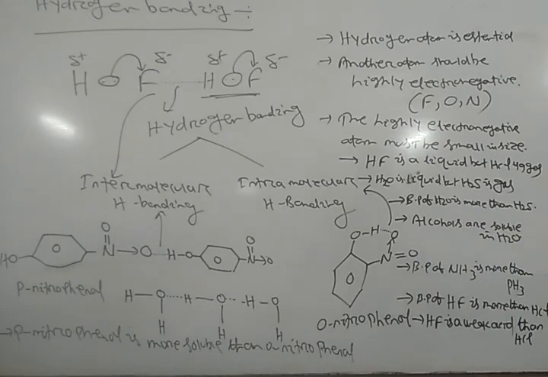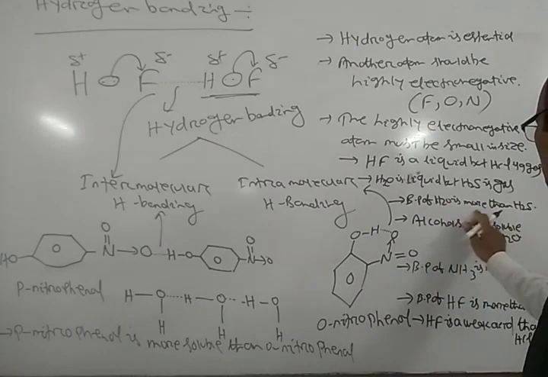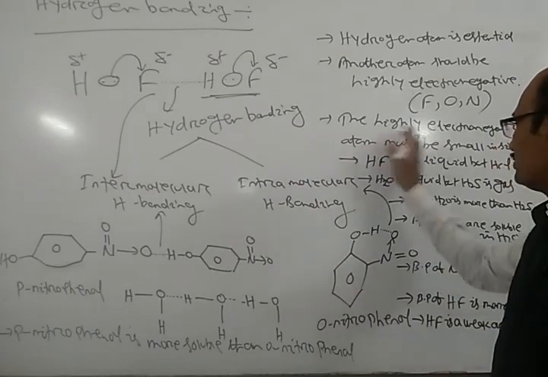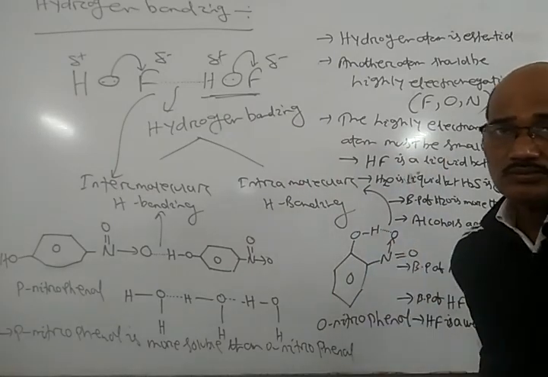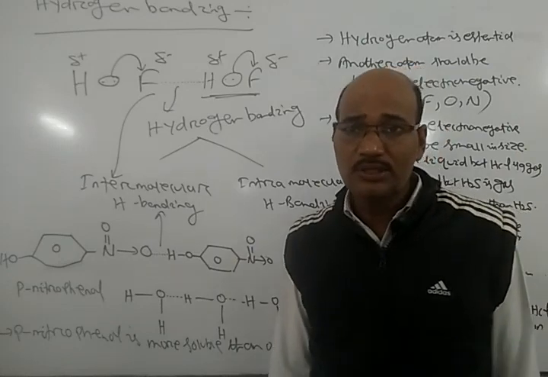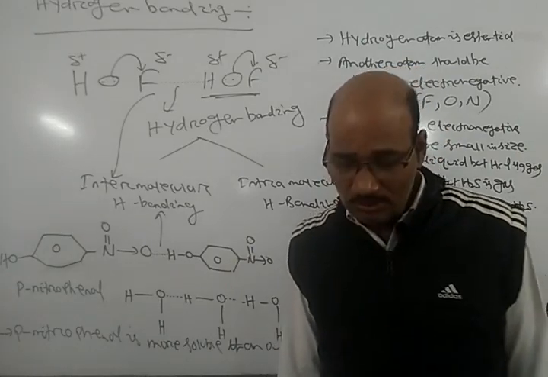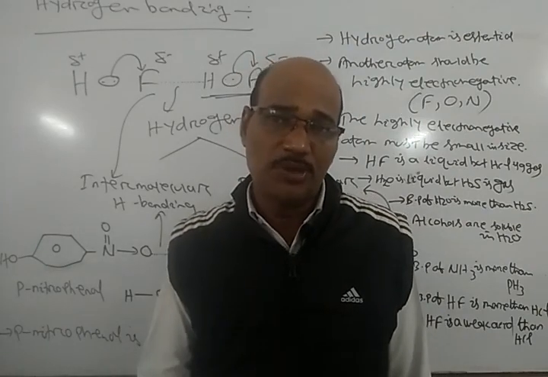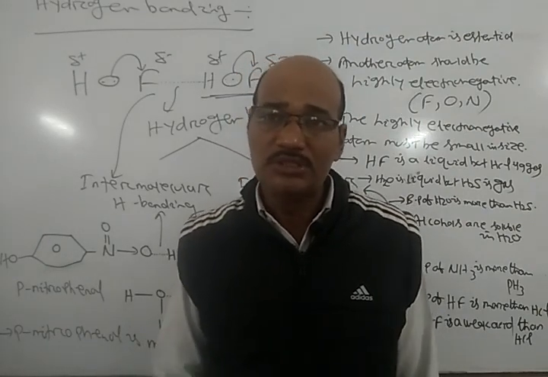Okay, and boiling point of water is more than H2S, alcohols are more soluble in water. Okay, boiling point of ammonia is more than PH3. Okay, so these are the different applications of hydrogen bonding. Okay, so in the next class we will discuss dipole moment and some other important topics of this chapter. Okay.